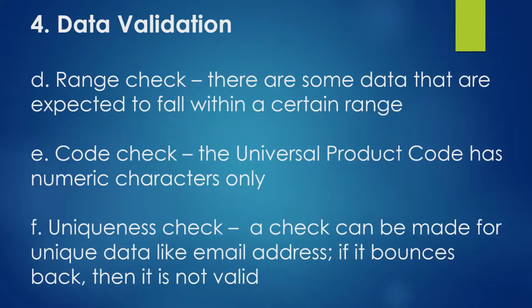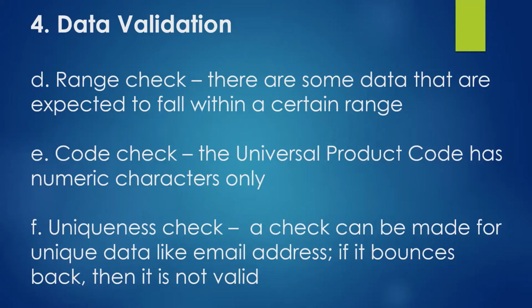Then the range check. So there are data that are expected to fall within a certain range, like months, as we discussed a while ago. So the acceptable numbers for months would just be 1 to 12. And if you see, for example, that you have a month which is 13 in your range check, that would of course be rejected.